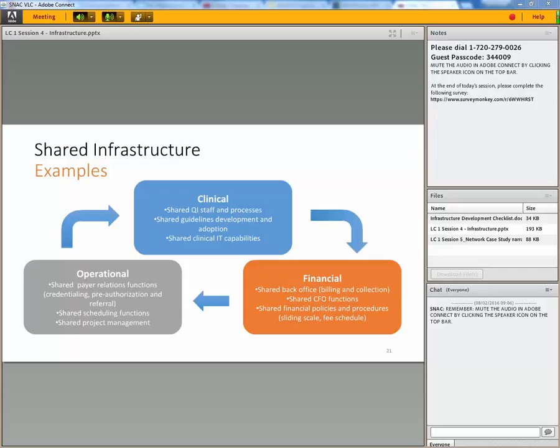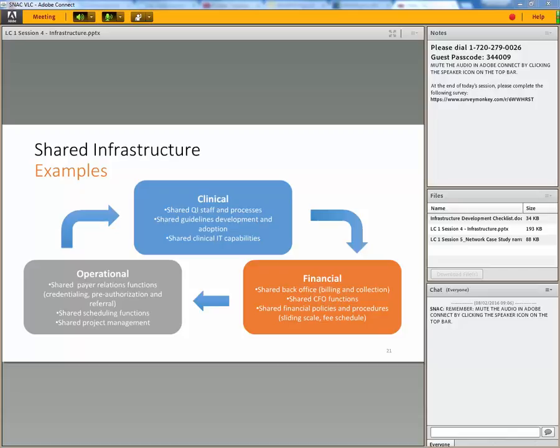They could even create a centralized call line for patients seeking care for the first time and then help assign them to one of their network members. Or they simply could have a shared project management function, something that helped each of their participating organizations implement various standards or requirements of the network at their local organization.